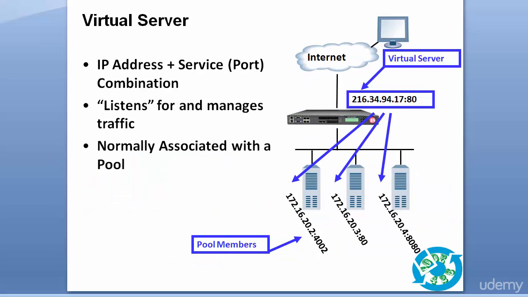Virtual servers are the primary mechanism the Big IP system uses to process and track traffic. Each content site that the Big IP system manages must be associated with at least one virtual server. Like pools, virtual servers include a name, an IP address, and a port.